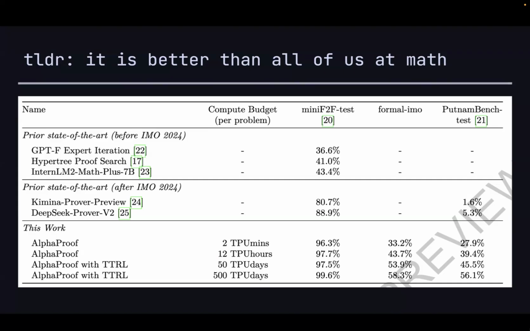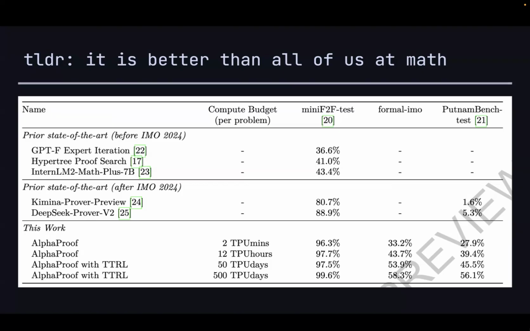Zero. The median score for all contestants for this test is zero. And AlphaProof manages to get a 56.1, which is actually a 67 score on the test. And a 67 score translates to the 99.4th percentile on the Putnam. Given that the Putnam is usually only offered to math undergraduates, and also only math undergraduates who are interested in competition math, a double selection effect, and even among that, 99.4th percentile.